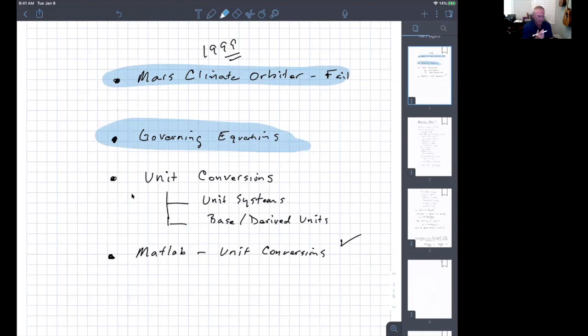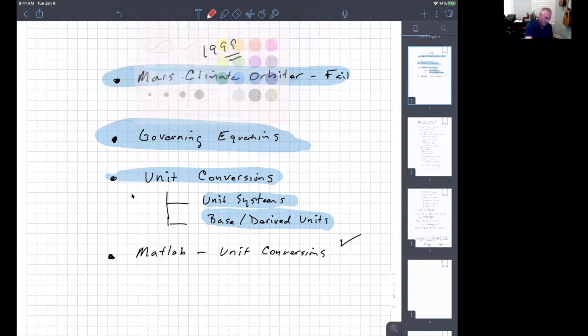So there's that step. And then there's the actual process of converting units, okay? And so we've talked about unit systems, English versus SI, for example. We've talked about base and derived units, and there's rules for making these conversions. If you go through this systematically, you can get good at doing unit conversions, okay?